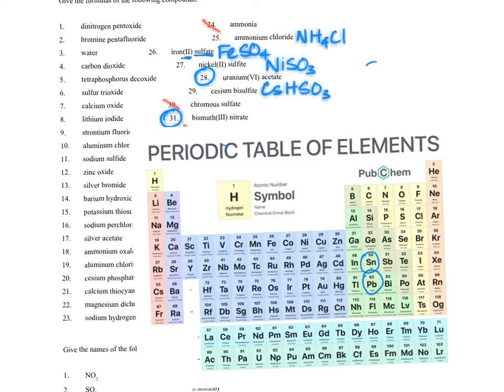But if I just looked at sulfate by itself, sulfate has a 2- charge. Okay, this is called, like I said, a polyatomic ion. So it is just what the name implies. Poly means many, atomic, atoms, ion, it's charged. There are many atoms that are together and they're charged.